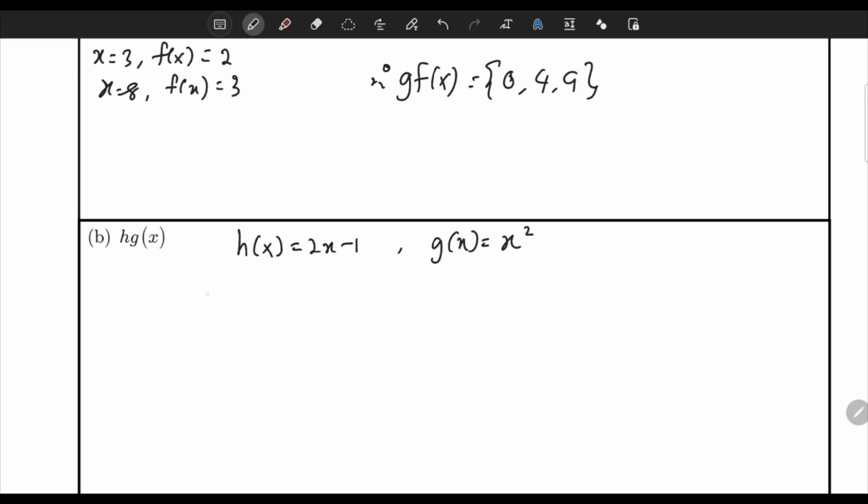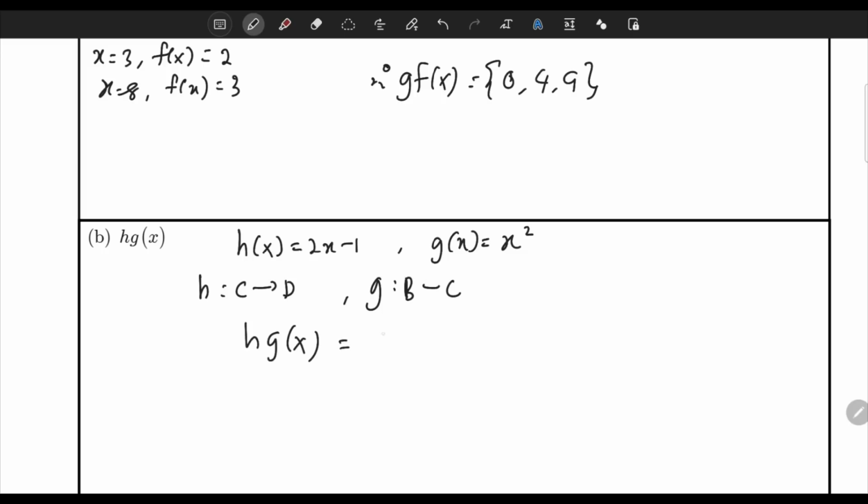So h(x) is from C to D, and g(x) is from B to C. So we are going to do g first.